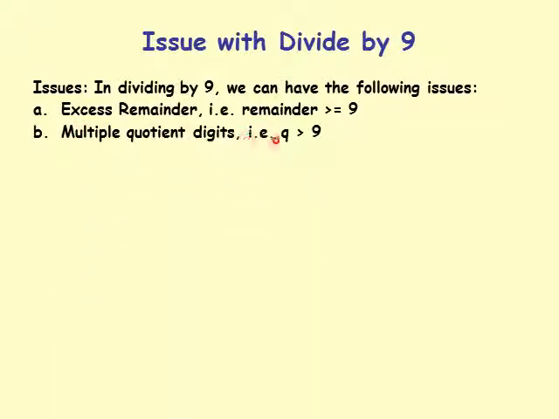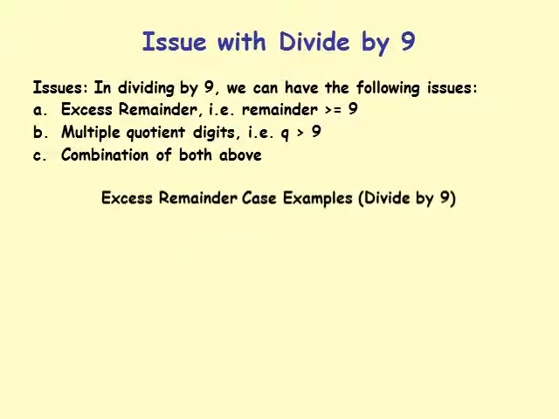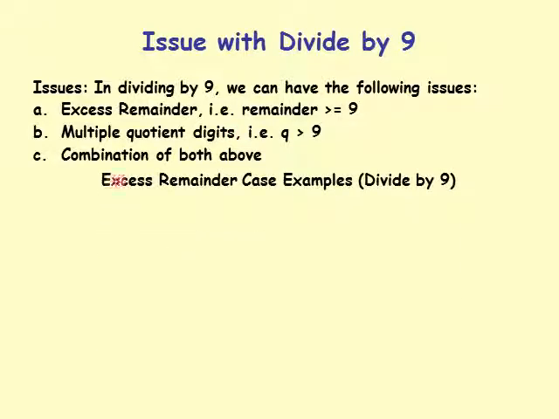We're adding, so a quotient digit could have more than one digit, because by adding numbers together we can overshoot. We can also see a combination of both of the above. So either we get a larger remainder, or we have quotient digits which consist of 2 digits.